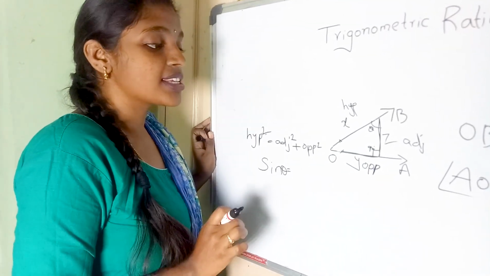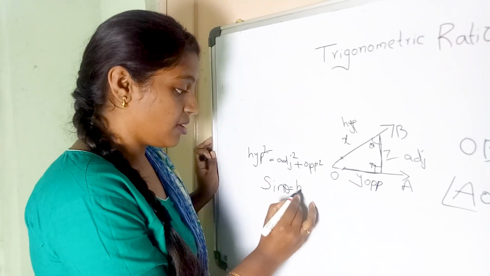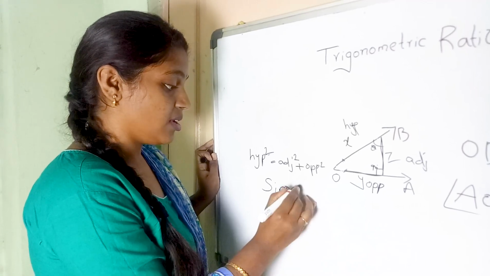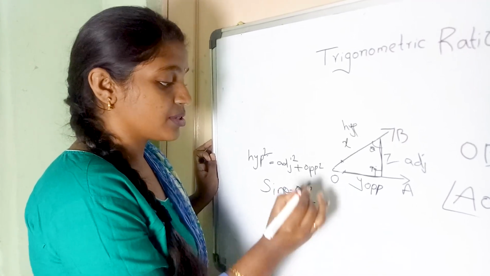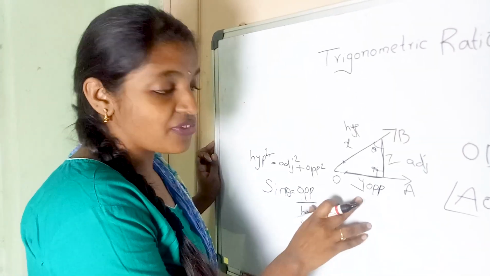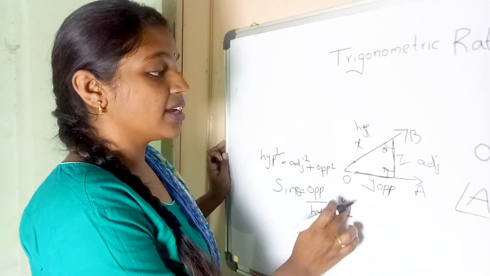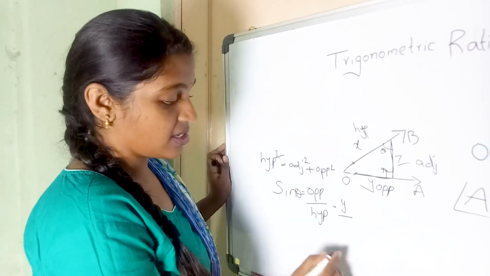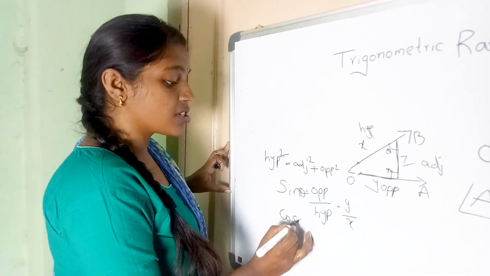Sine theta means opposite by hypotenuse. The opposite is y meters and the hypotenuse is x, so sine theta is y by x.